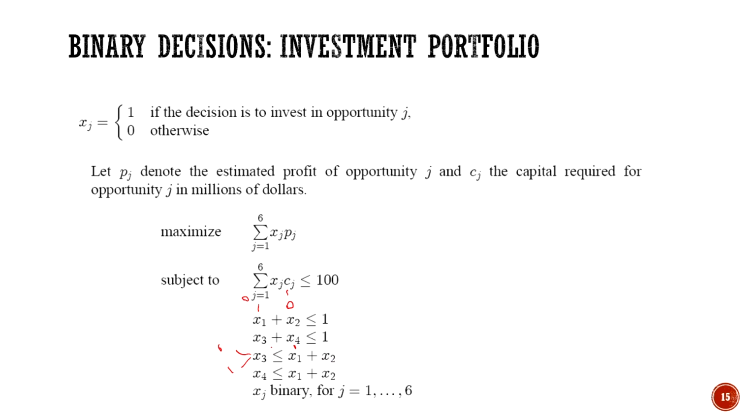The same for opportunity 4. It can be undertaken if one of options 1 and 2 is already undertaken. So if both are 1, let's say, then x4 can be 0 or 1. But if both of them are 0, then x4 has to be 0. And the decision variables are binary.